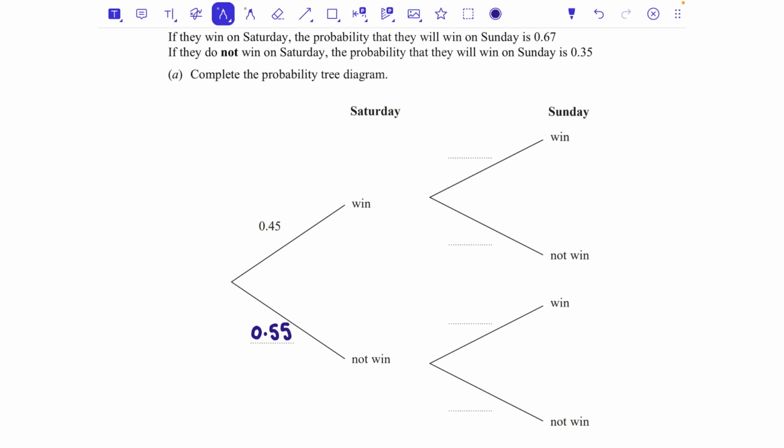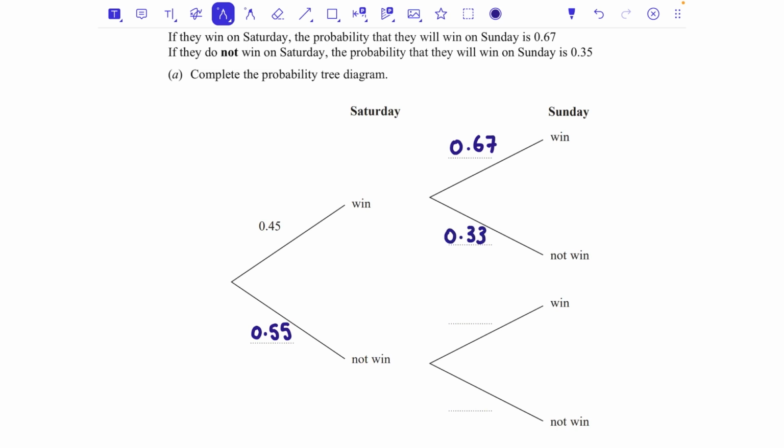Now it says if they win on Saturday, which means if we're coming up this branch, the probability they will win on Sunday is 0.67. So looking at the top here, I can put 0.67 for winning on Sunday, and not winning we know would need to be 1 subtract 0.67, which is going to be 0.33.